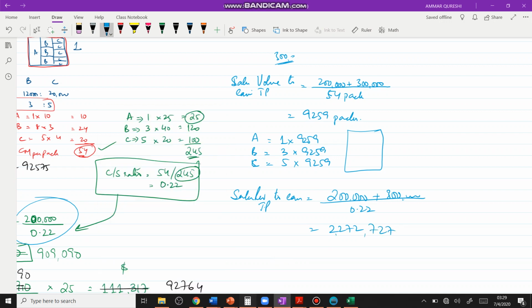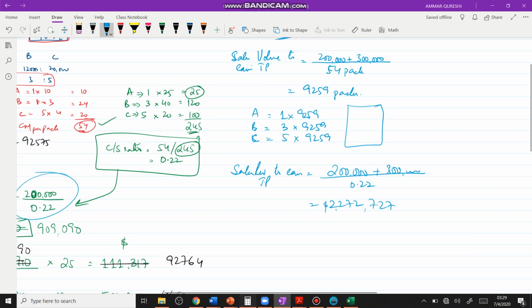This is the revenue which the company should generate for the targeted profit.